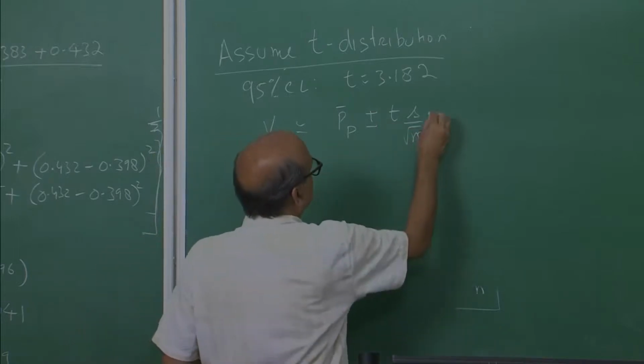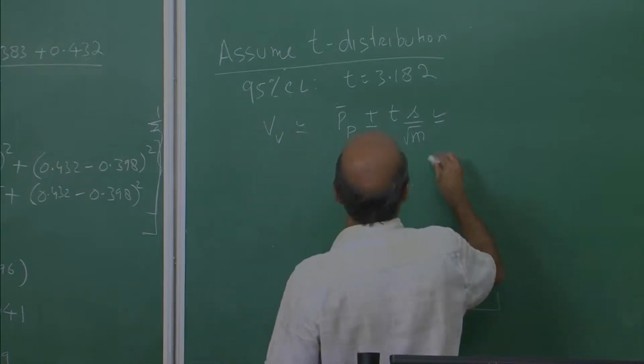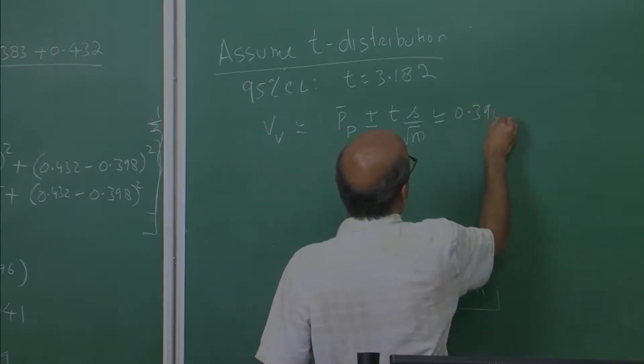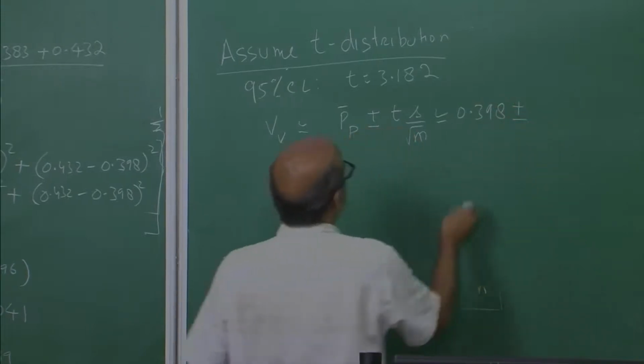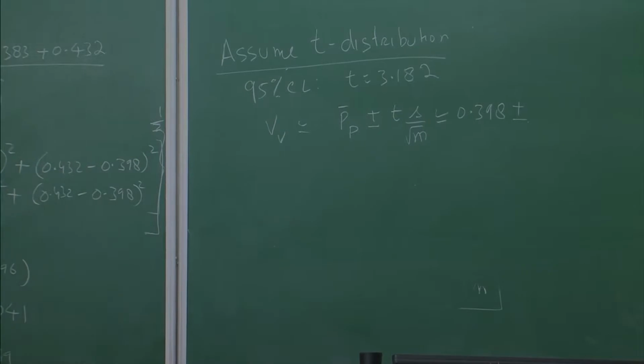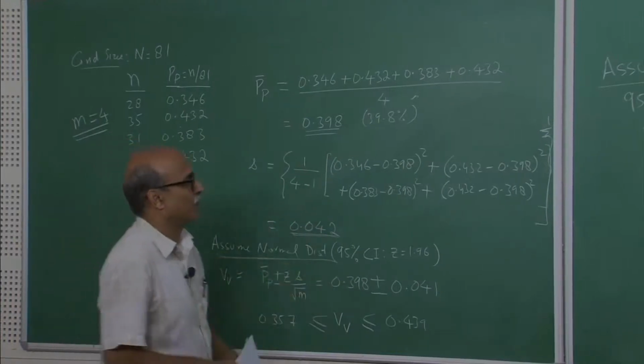Now, this gives me the mean value p bar, which is 0.398 plus or minus t, which is 3.182, s is 0.042 and m is 4.